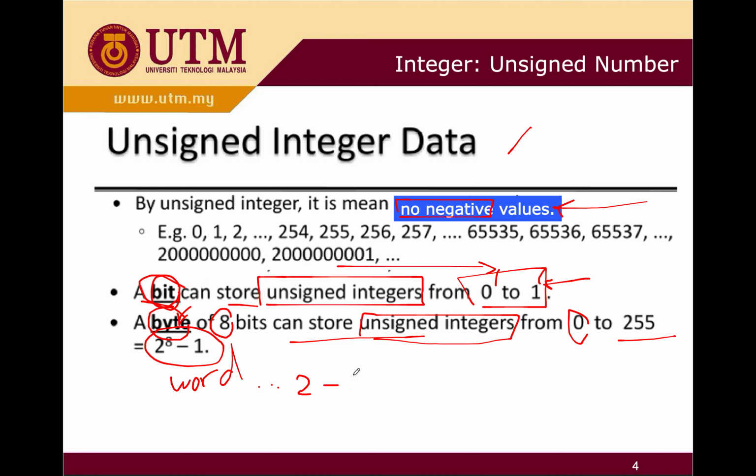Here you have the equation to get the maximum value for each system, whether it is a byte, word, etc. This example is for byte, which normally has 8 bits, so 2 to the power of 8 minus 1, and you will get 255.